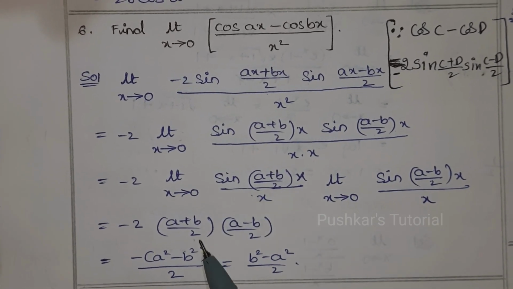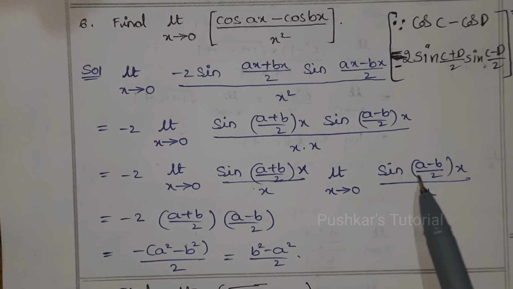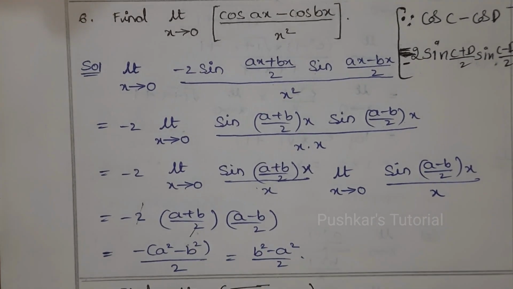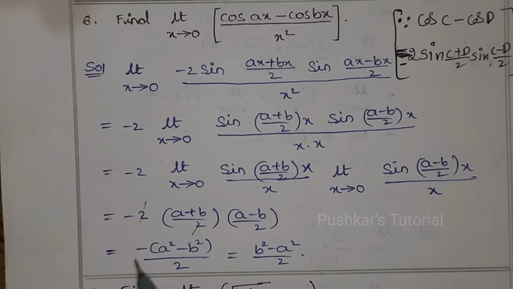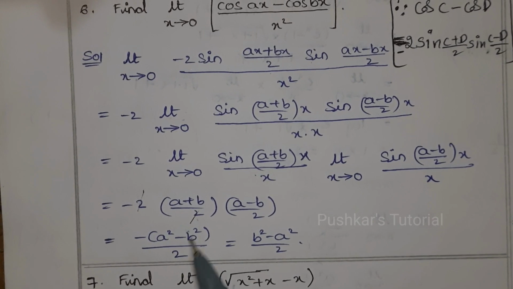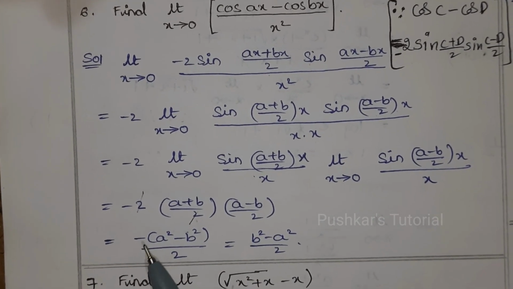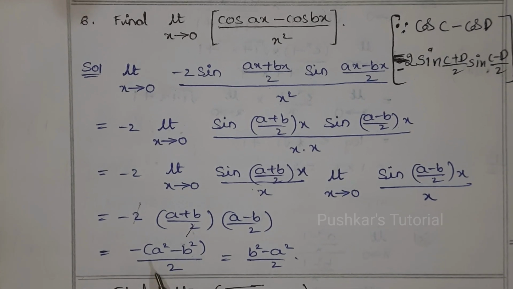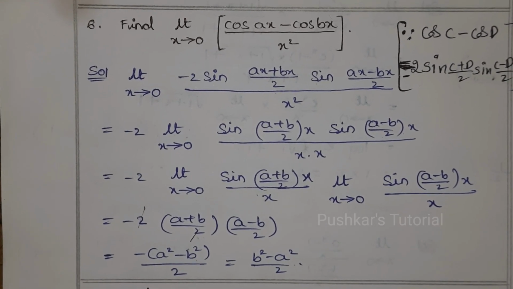So (a plus b) by 2, here (a minus b) by 2. The 2s get cancelled, so minus is a continuation. (a plus b) into (a minus b) formula gives a square minus b square, another 2. So we can take the minus sign inside now. The first minus will be plus, plus will be minus.